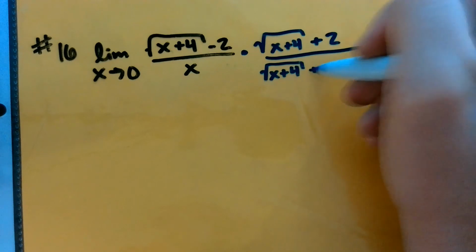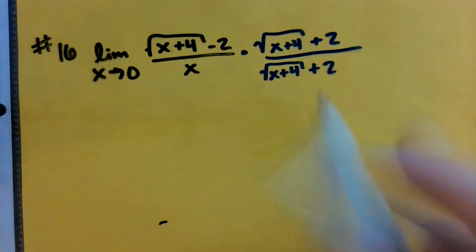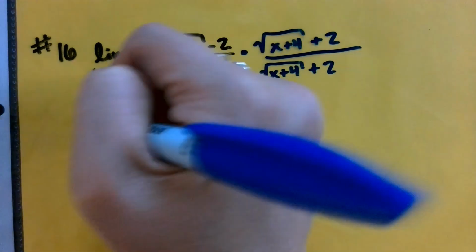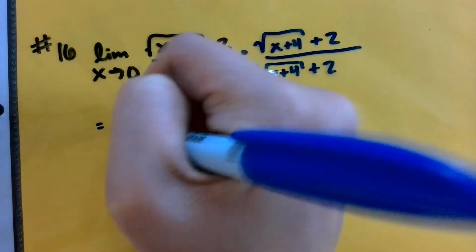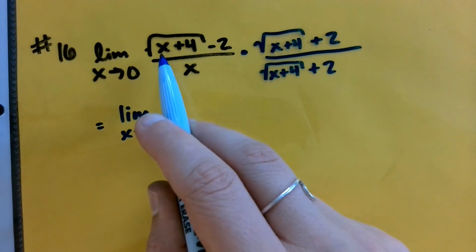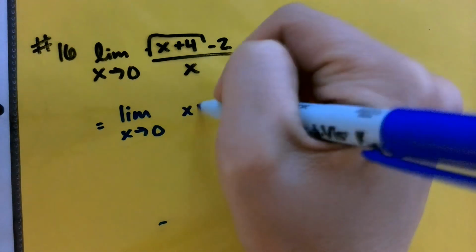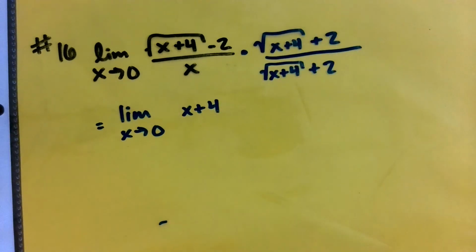We do have to multiply the top and the bottom by the conjugate because we can't change the value of this. We want to multiply it by 1, and that's what we're doing here. So we've now got the limit as x approaches 0. This seems kind of gross, but it actually works out really nicely because when I multiply radical x plus 4 and radical x plus 4, I just get x plus 4 because it's kind of like x plus 4 squared, square rooted.